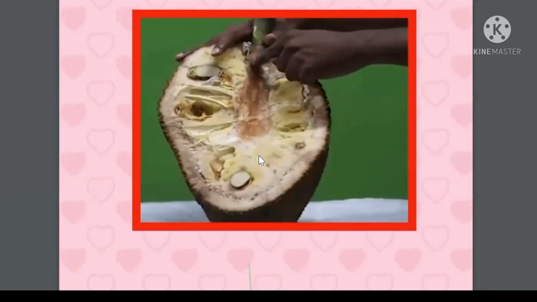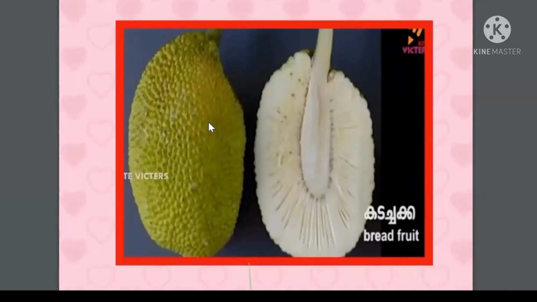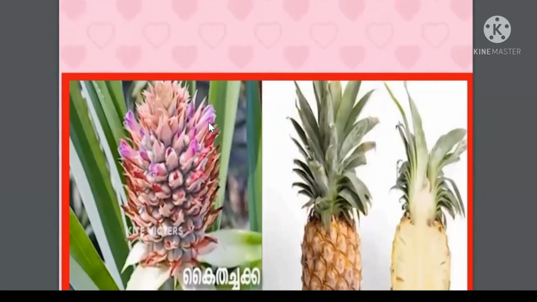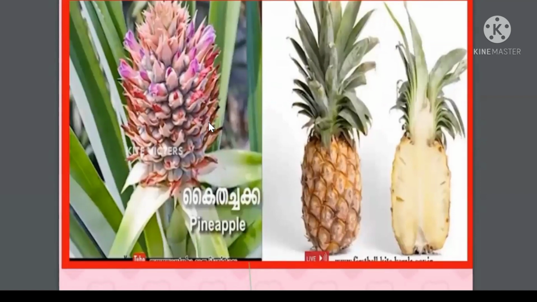In the last class we learned simple fruit and aggregate fruit, and in this class we are learning about multiple fruit. Okay, jackfruit, breadfruit, and pineapple, we can see these three are multiple fruits.